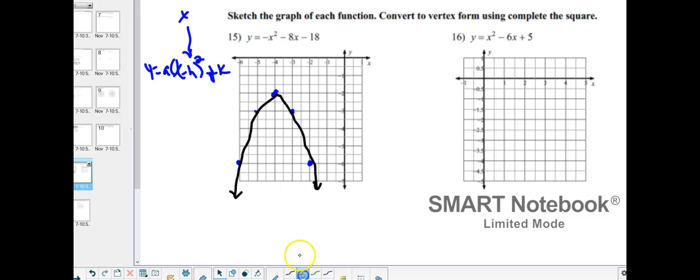Should have done that in red. And this is my y value. Well, in the case of the graph that we have, we know that our x value is -4 and our y value of the coordinate is -2.